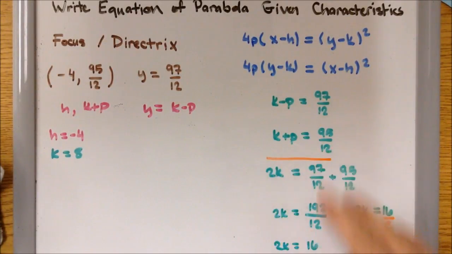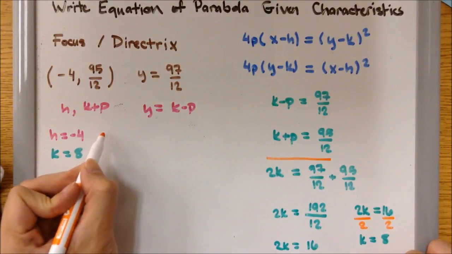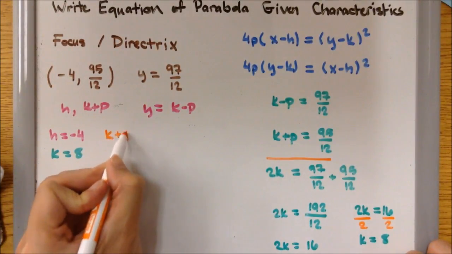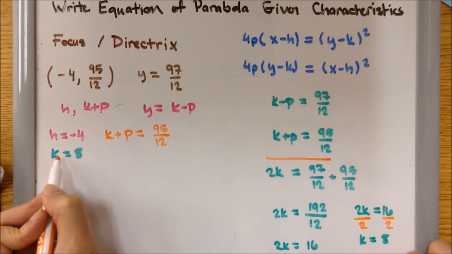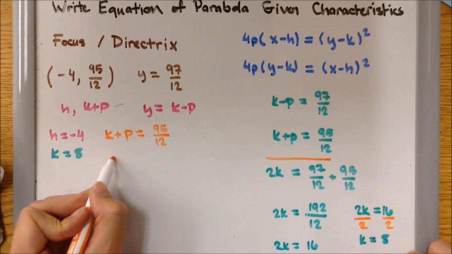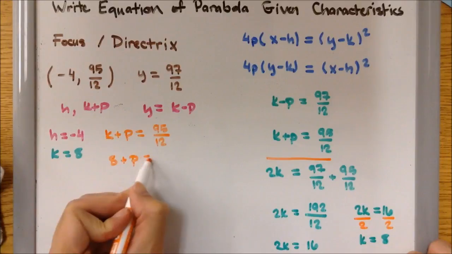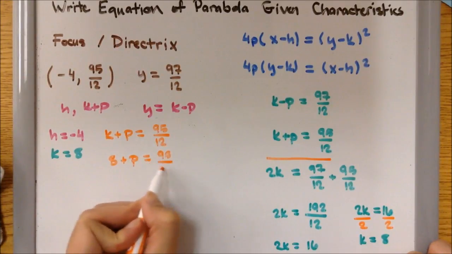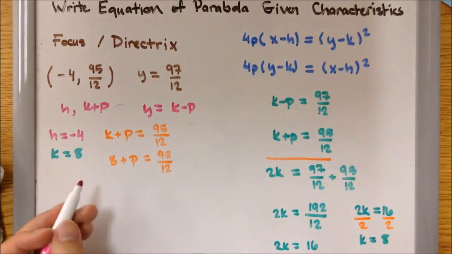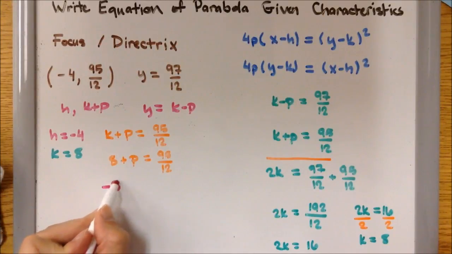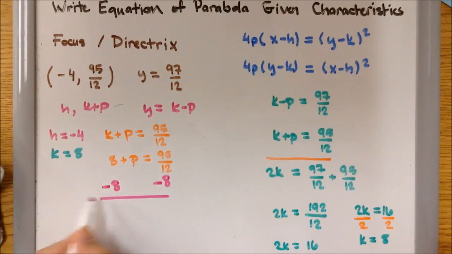We're going to use k plus p equals 95 over 12. And then I'm going to plug in the k value, which is 8. So 8 plus p equal 95 over 12. Next, I'm going to subtract 8 to cancel it out from the left side, and subtract 8 on the right side. So we're going to have p equal to 95 over 12 minus 8.